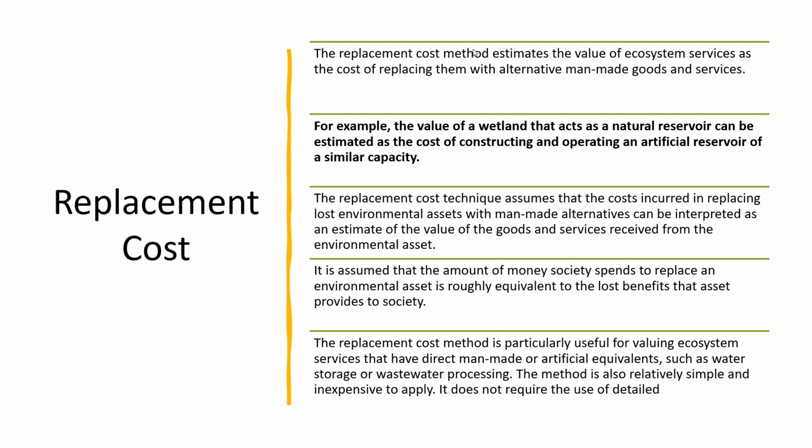Now, one of the negatives of replacement costs, one of the disadvantages or weaknesses, is that you often cannot find an exact man-made alternative with the equivalent level of benefits, right? So you encounter another problem there, because if you're looking at a man-made piece of infrastructure that provides a lower level of service, then the value of the ecosystem would be underestimated, right?